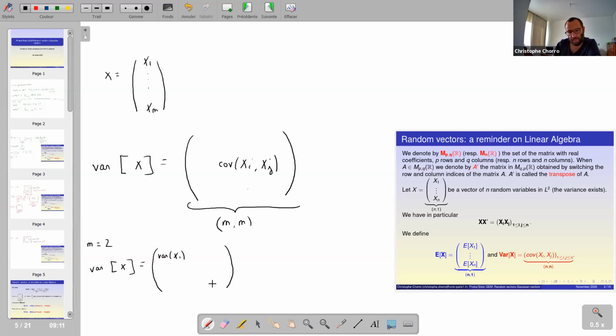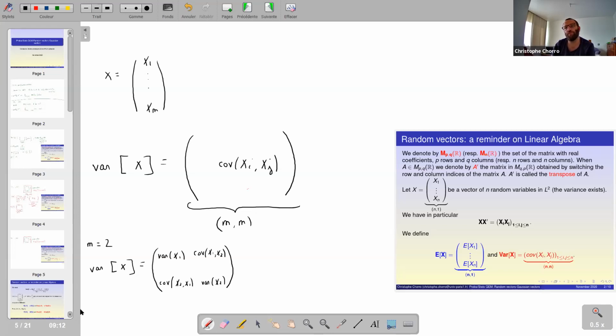Here, I obtain the covariance between x2 and x2, so I have the variance of x2. So the diagonal is made from the variances, and here I have the covariance between x2 and x1, and here the covariance between x1 and x2. So this is the variance covariance matrix in the case where n equals 2.